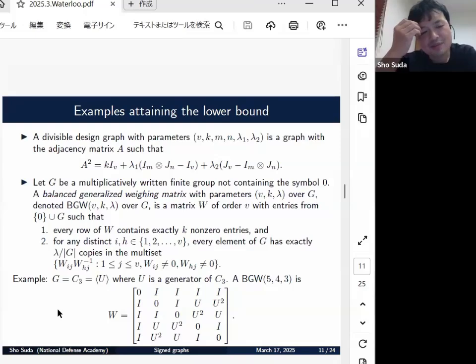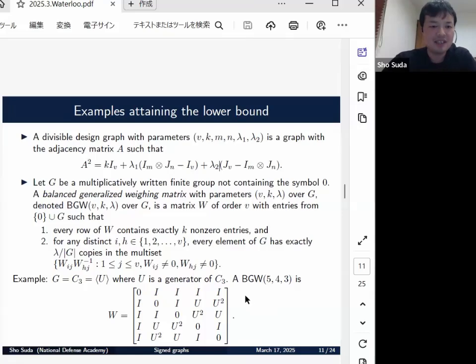So this concept is complicated. Here is an example of, I think, the smallest non-trivial one. In this case, the finite group G is just the cyclic group of order 3, and we use u as its generator, and the BGW with parameters 5, 4, 3 is the following. 5 means our matrix is 5 by 5. 4 means every row contains 4 non-zero entries.